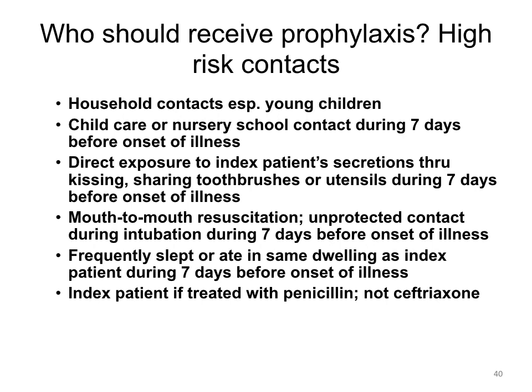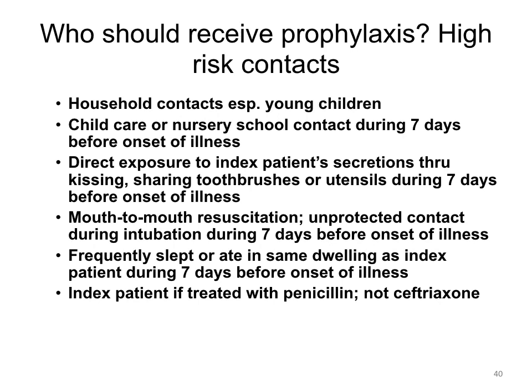But who should receive chemoprophylaxis? Only high-risk contacts, meaning household contacts, especially children, childcare or nursery school contacts, during the 7 days before the onset of illness in the index case. Direct exposure to an index patient's secretions through kissing, sharing toothbrush, utensils during the 7 days before the onset of illness.